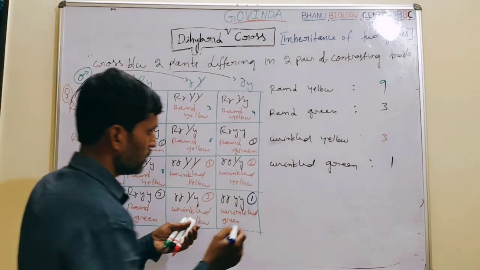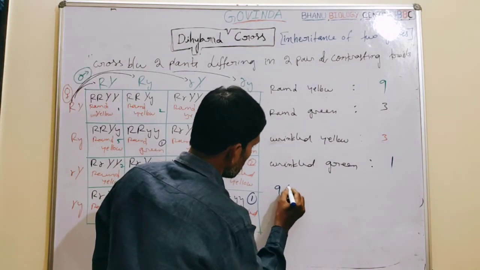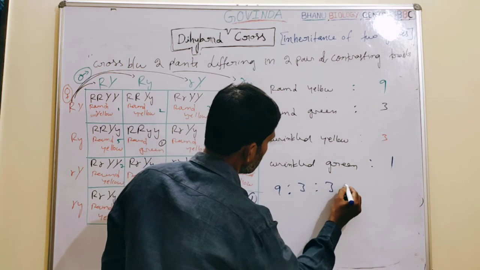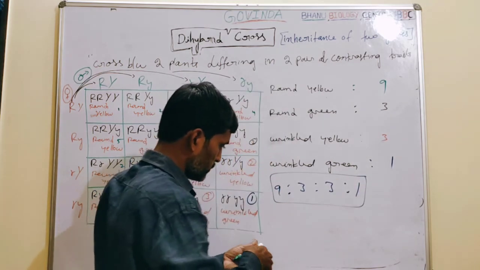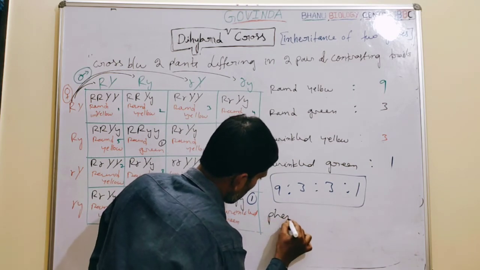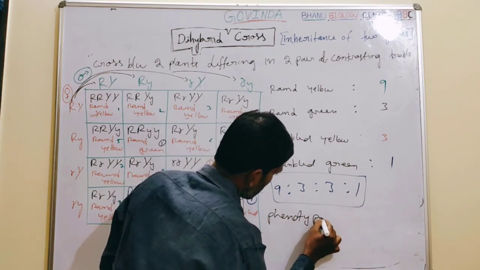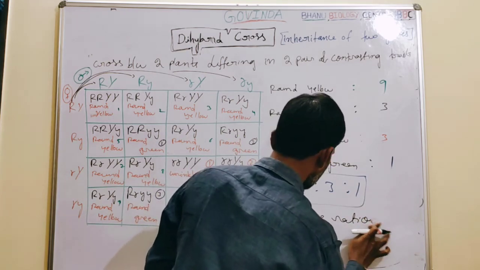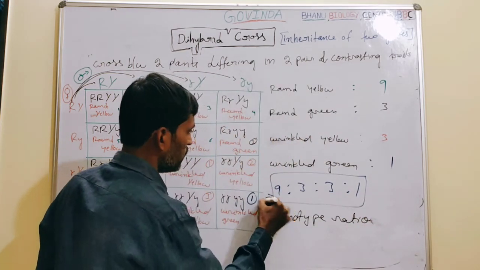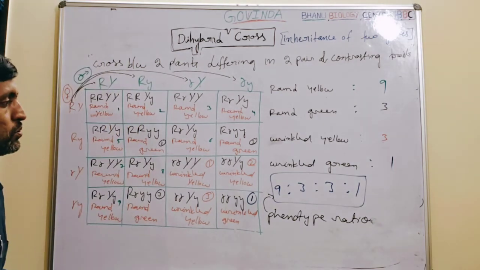Here this 9:3:3:1 becomes the phenotype ratio of dihybrid cross.